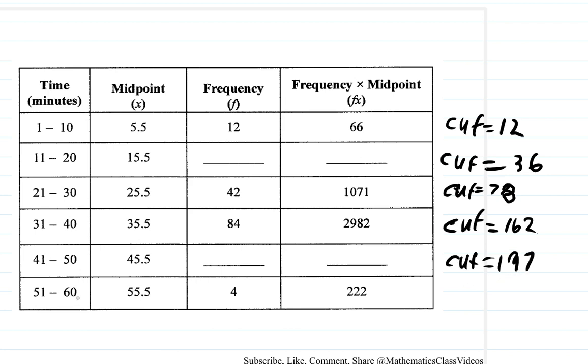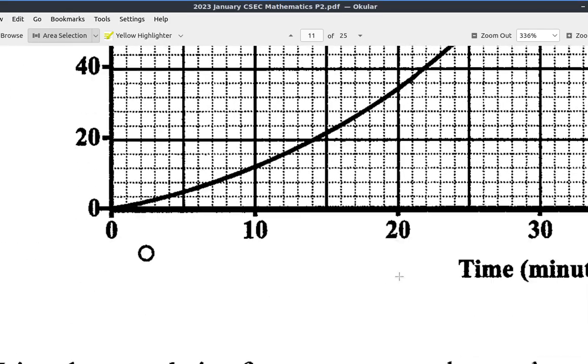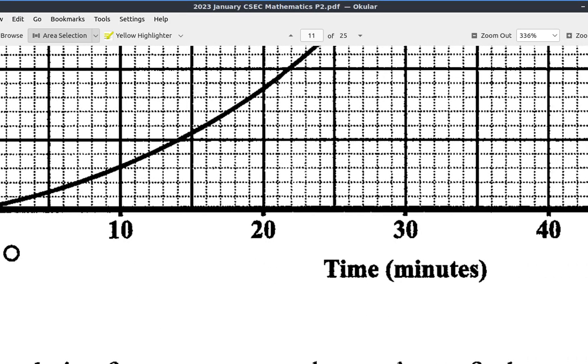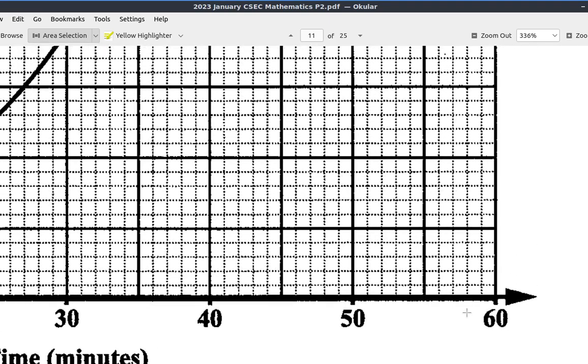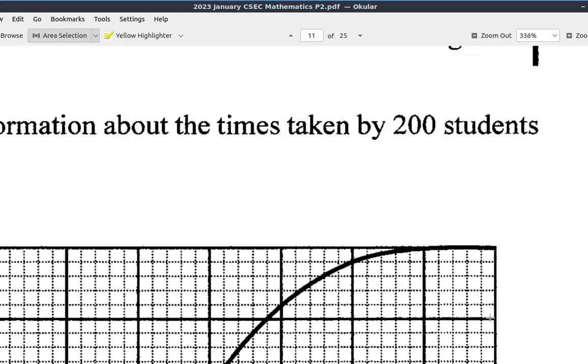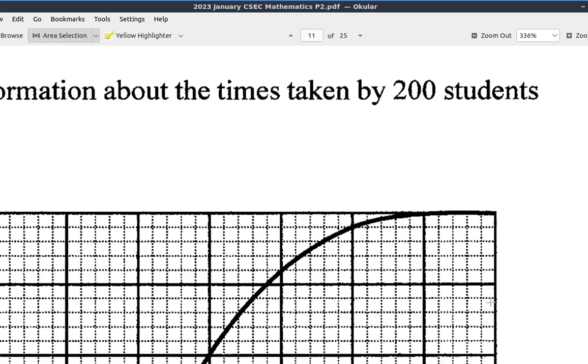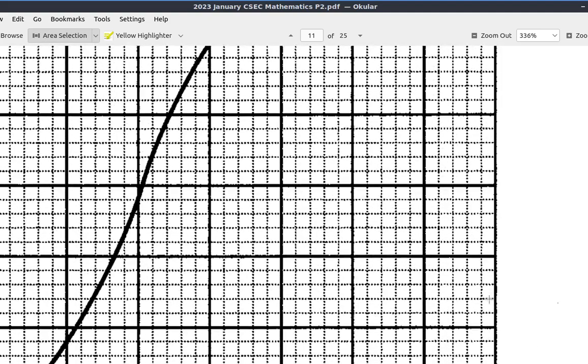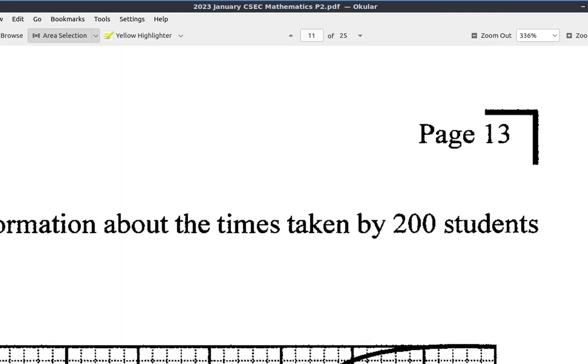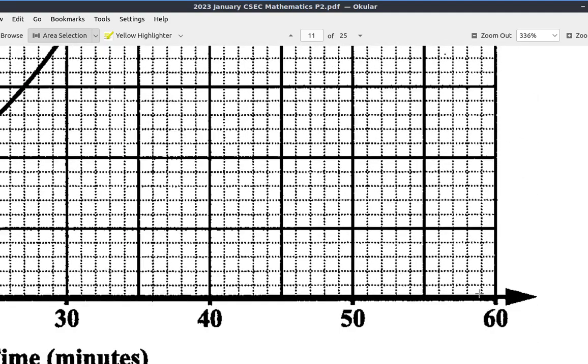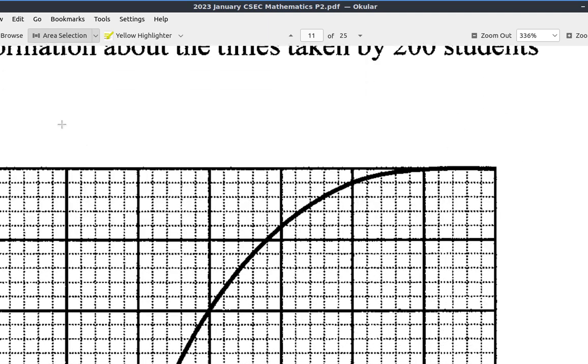And then for the 60.5 now, what will be the cumulative frequency? We're looking at all the cumulative frequencies first, and then we're going to generate the frequency. 60.5 would reach just about 200, but it would be off the graph, so it was 60.